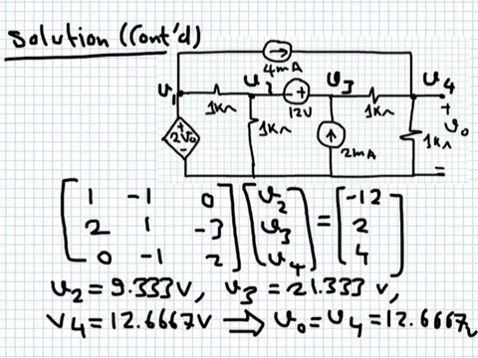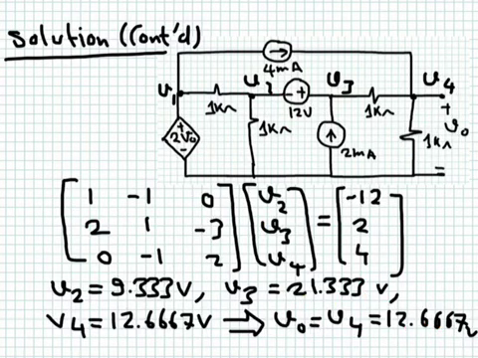And remember, the first equation is simply saying V2 minus V3 is equal to minus 12. This is coming from this loop here, that V3 is equal to V2 plus 12. So I could write it in this matrix here. And then once you solve, you obtain this value here for V naught.